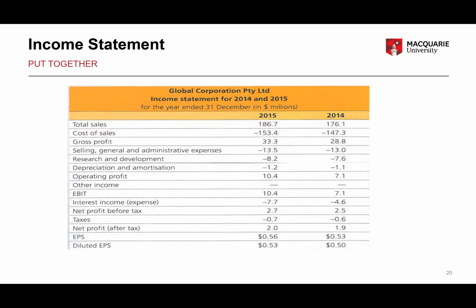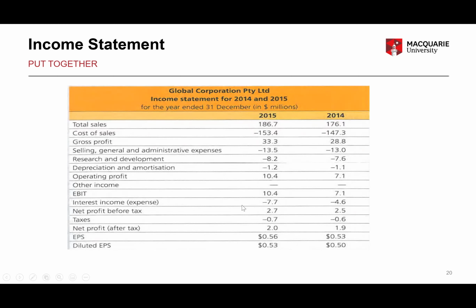It's related to how much debt or liabilities the firm has chosen, right? And taxes are due to government policy. It's not something that's in the control of the business. So everything above the EBIT is to do with the performance of the firm. So EBIT is something that we use in our analysis later.